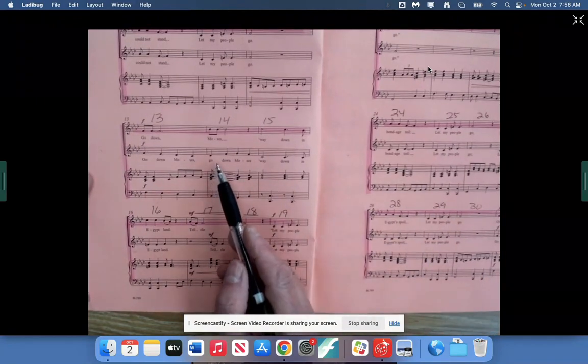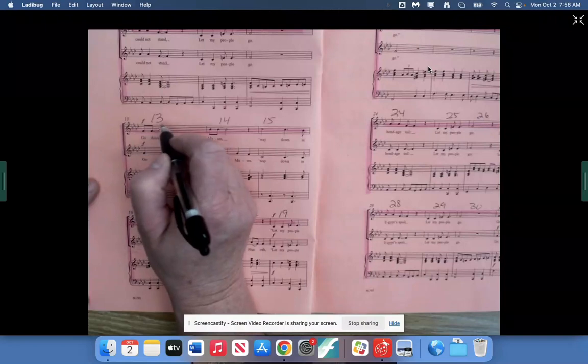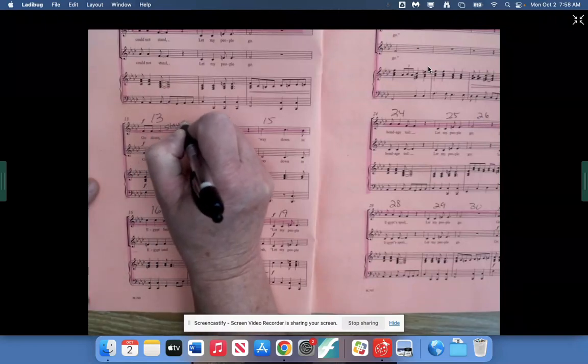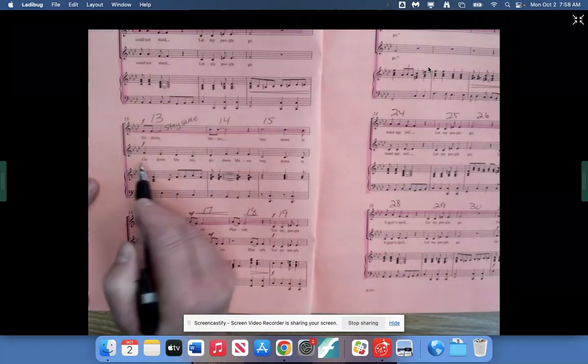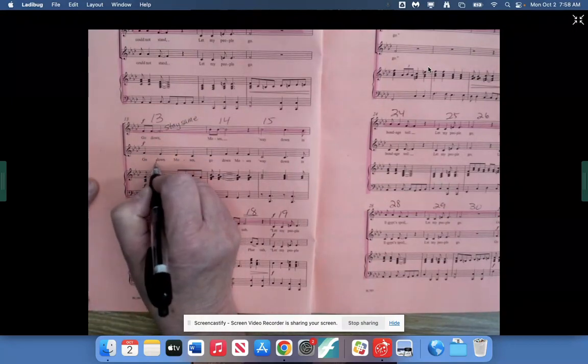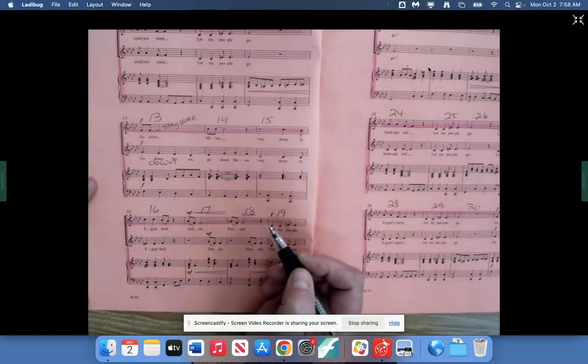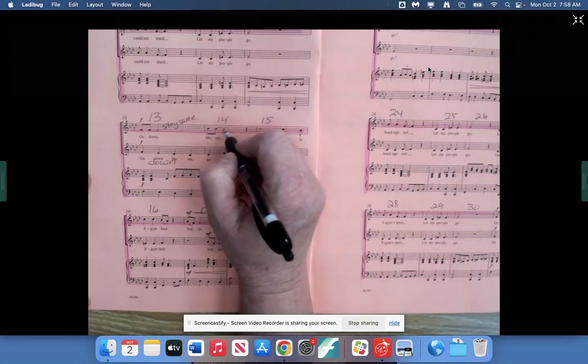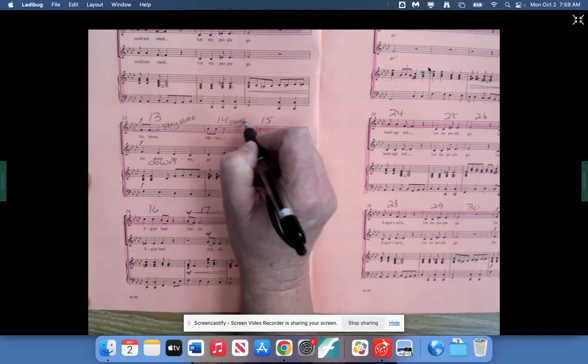So if we look at measure 13, part 1's pitches are mostly staying the same. And part 2's pitches are going down. If you look at measure 14, again, part 1 is staying the same. They stay on the same line.